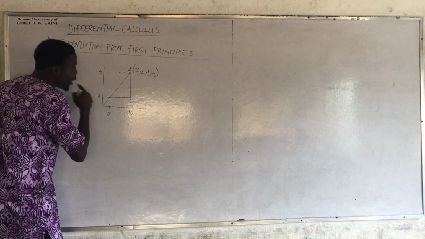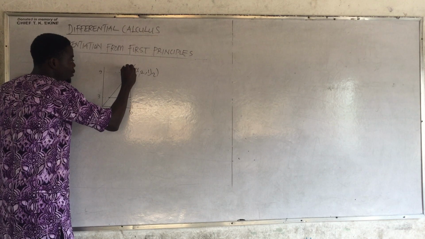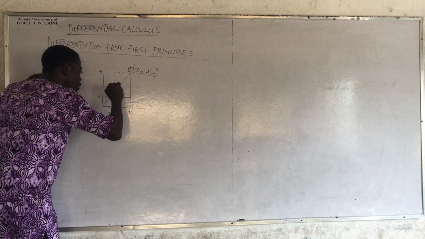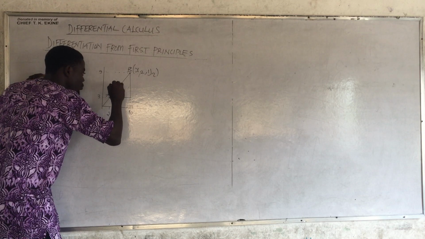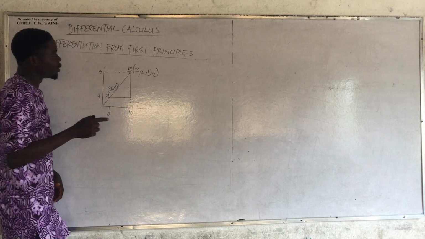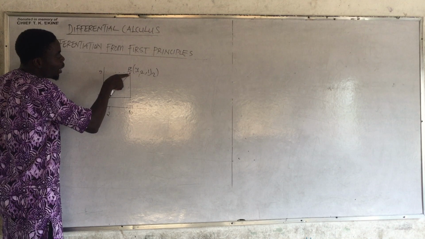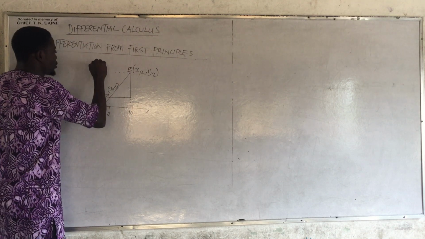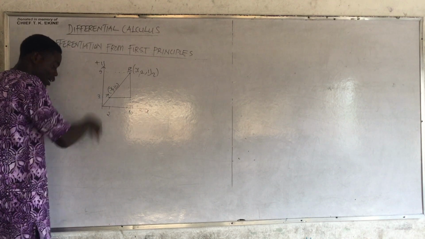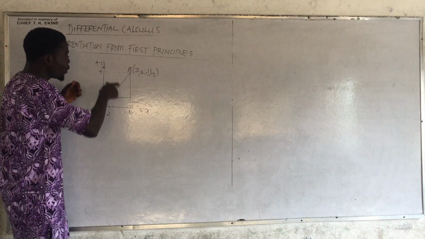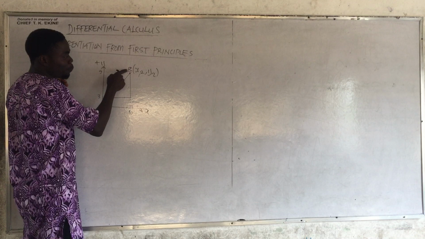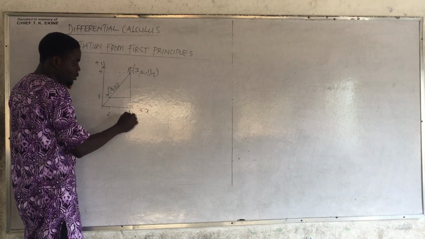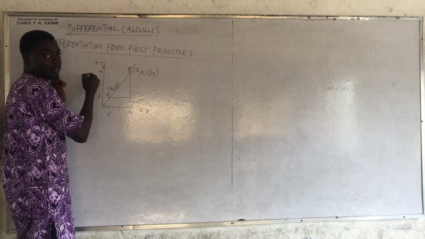Then here, let's make this B, for instance. If this point is A, I will have my coordinate as x1, y1. Here is plus and minus, you should know. Now this point will have coordinates: when x is 10, y is 9.